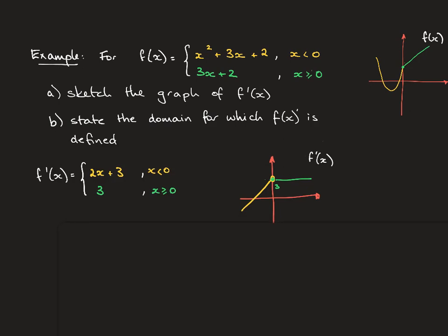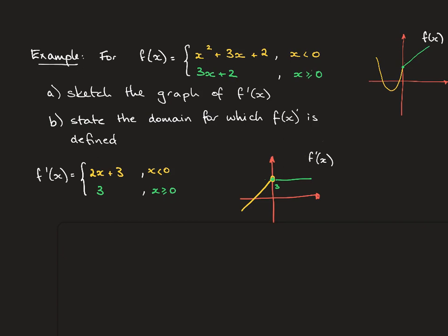We find the derivative by finding the derivative for each branch of the function. The derivative of the yellow function is 2x plus 3, and it has the same domain as the original function. And the derivative of the second branch, so the derivative of 3x plus 2, is 3, for x greater than or equal to 0.